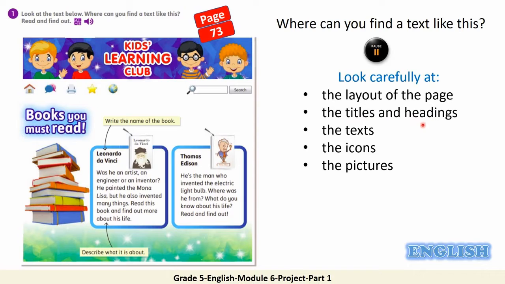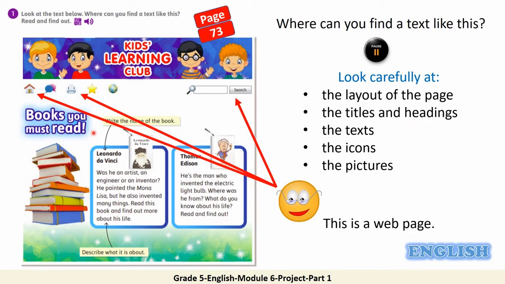Look carefully at the layout of the page, the titles and the headings, the texts, the icons, pictures, and after all of that, you will find that this is a web page.